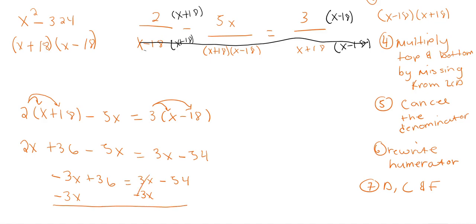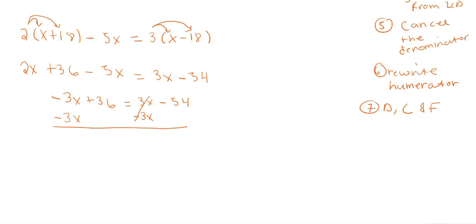Think about it like if someone owes you $3 and they borrow $3 more. So now you are at negative $6. You are adding towards the negative side. And then we are going to subtract the 36 because we want to leave the x by itself.